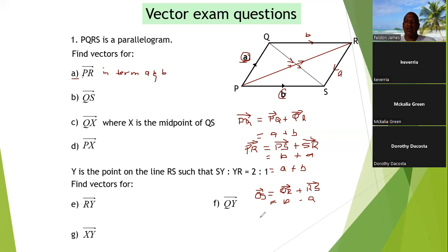So you can say QS is equal to QP plus PS.